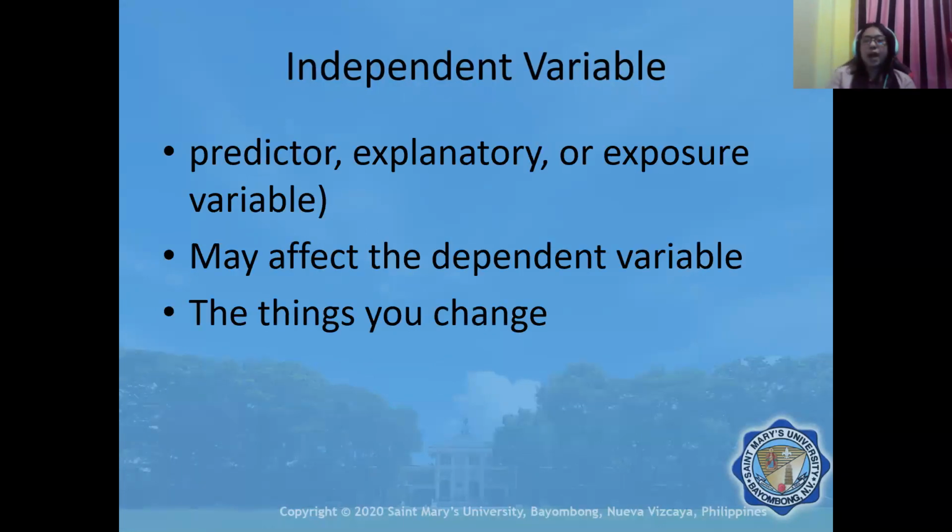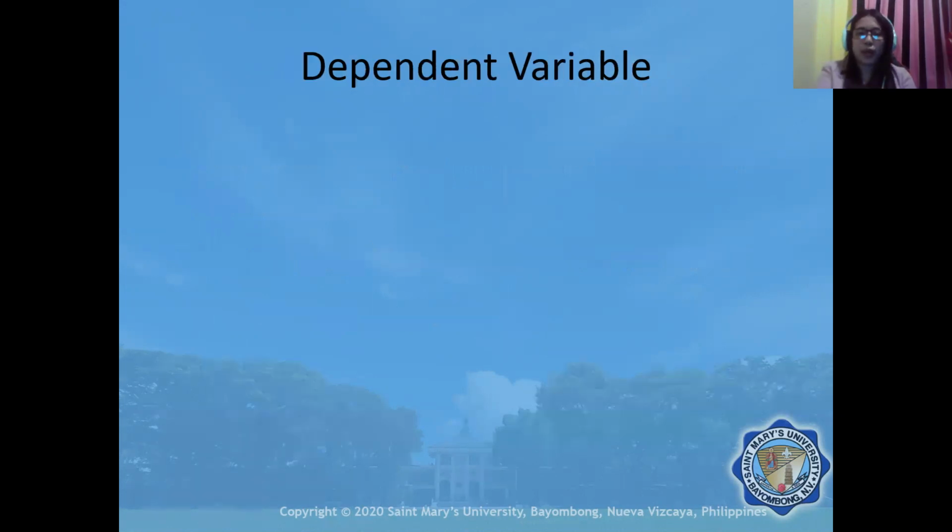So in conducting experiments, there are variables that the researcher decides will be included in the study. Or there are also variables that you think might influence your measurement, and these variables are called the independent variable. Okay, next.